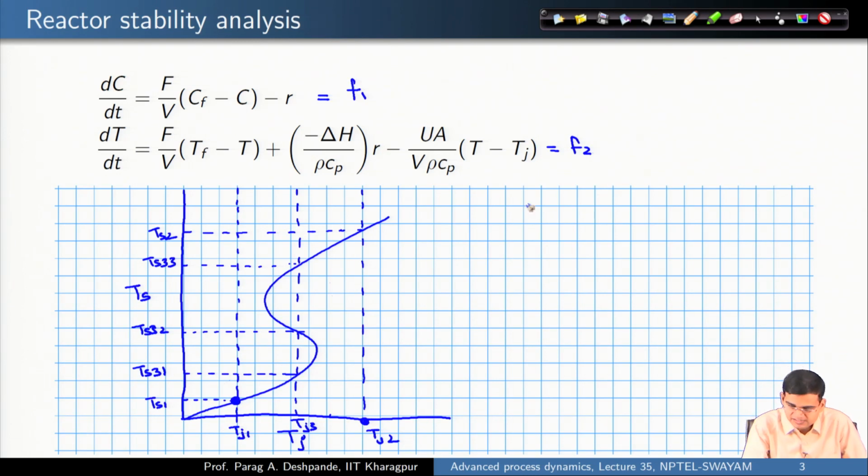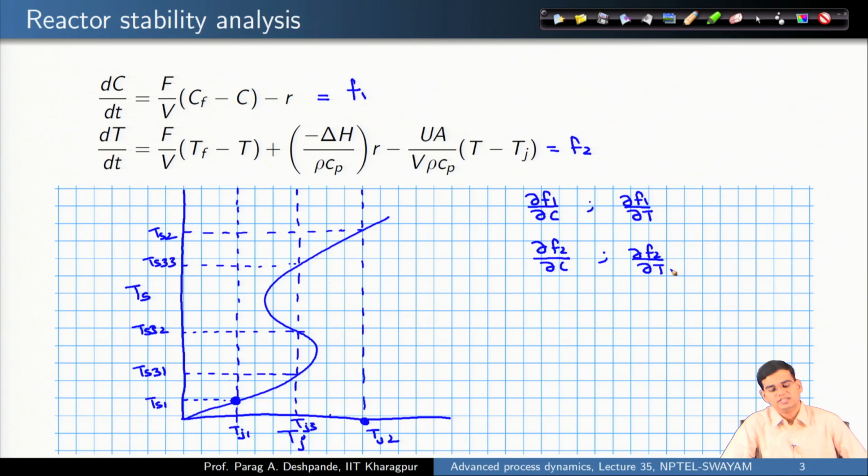You will determine del f1 by del c, del f1 by del T. Similarly, you will determine del f2 by del c, and del f2 by del T.